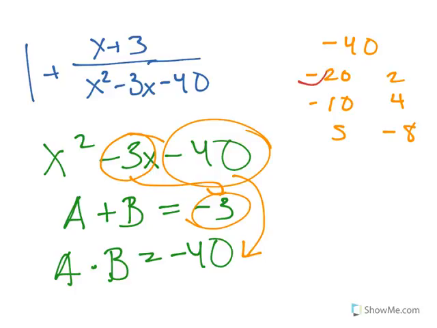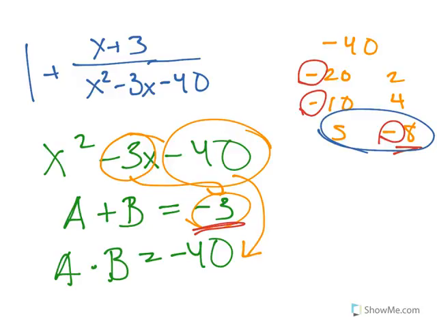See how I keep the negative sign with the greater number, since here we have a negative number. And so voila, we see here that negative 8 plus 5 is equal to negative 3. And of course, negative 8 times 5 is equal to negative 40. So we found a is equal to negative 8, b is equal to 5.